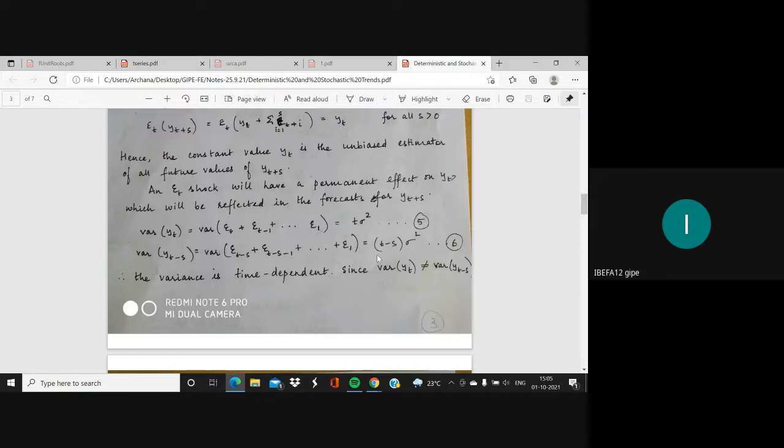And what you'll notice is that the variance increases as the forecast horizon increases. So the variance of your forecast will keep increasing with the passage of time, and you will not be able to forecast with much certainty. Particularly for a random walk, any forecast has some element of uncertainty, but here it will keep growing and growing over time.